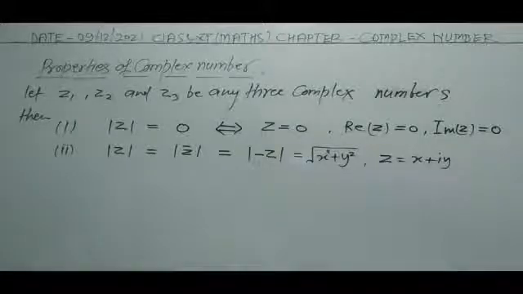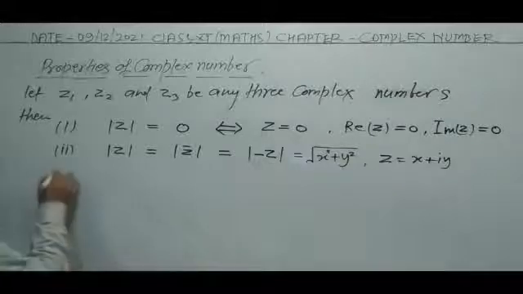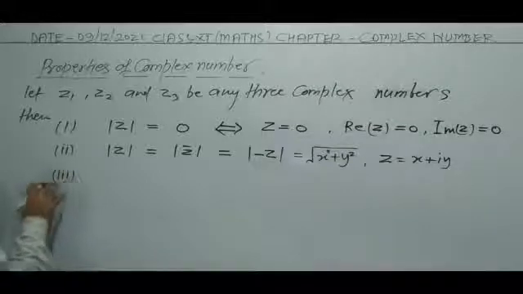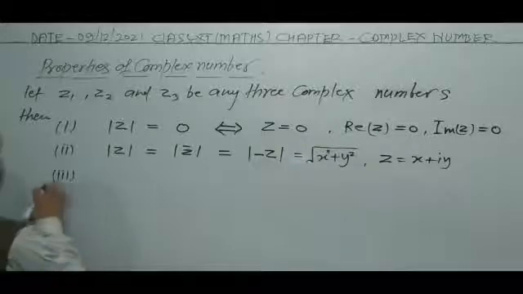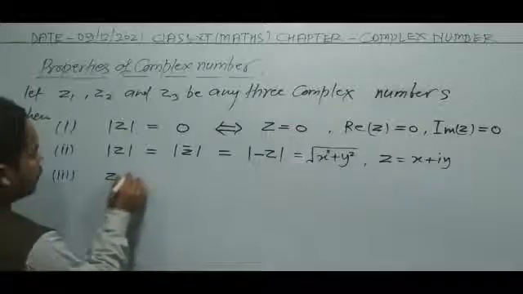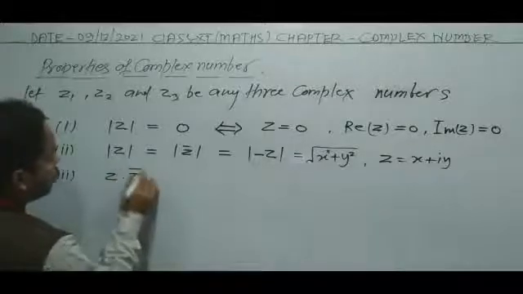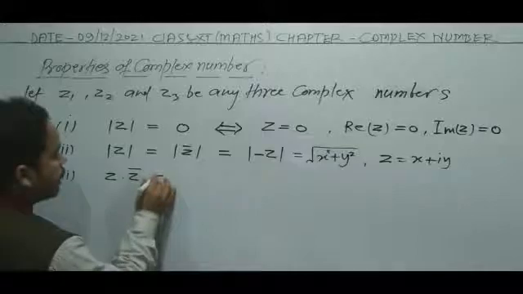Now I will come to the third property. Third property is the complex number z multiplied by its conjugate. So what will you get as the result?